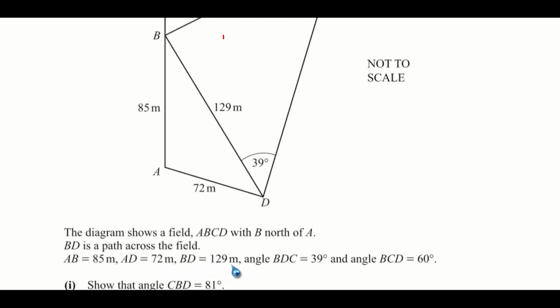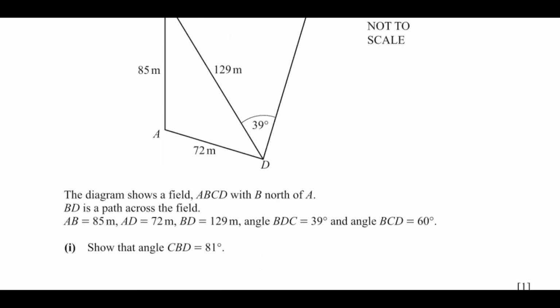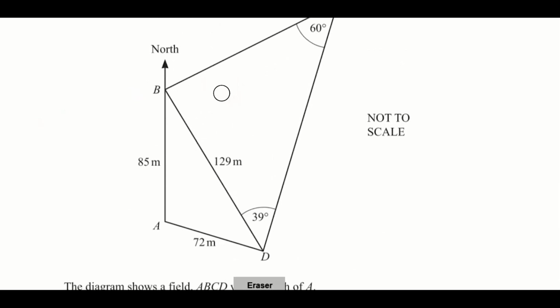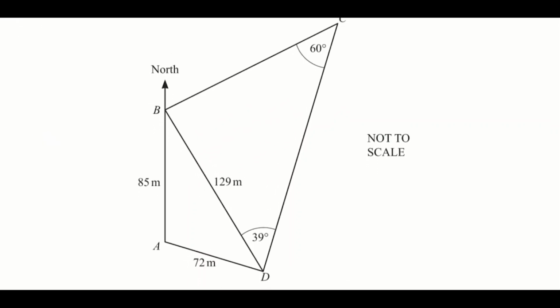BD equals 129 meters. Angle BDC equals 39 degrees and angle BCD equals 60 degrees. Show that angle CBD is equal to 81. So angle CBD is this particular angle. We want to show that it is equal to 81.